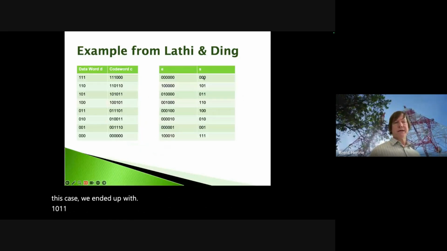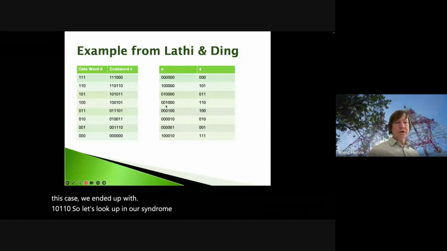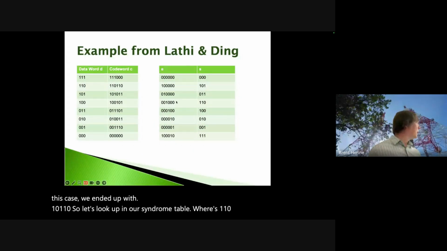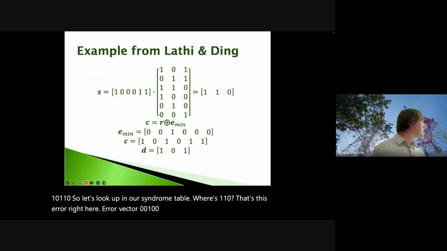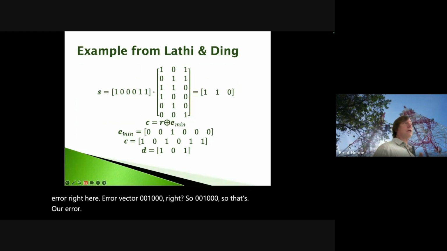So let's look up in our syndrome table. Where's 1, 1, 0? That's this error right here, error vector 0, 0, 1, 0, 0, 0. So that's our error word in this maximum likelihood type situation.